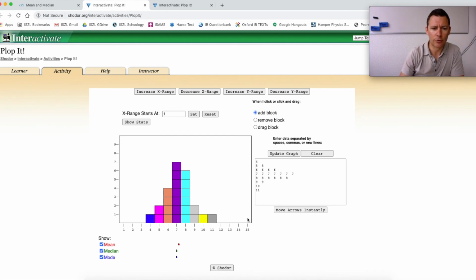If you add an older kid in, you saw the mean move, but the median and the mode didn't move at all. And as you add more 15-year-olds, the mean moves a lot, and the median doesn't move a whole lot, right? And you can put a lot of 15-year-olds in, and you can see that now I have 2 modes. This is bimodal now.